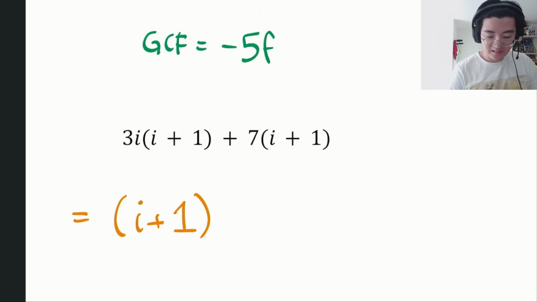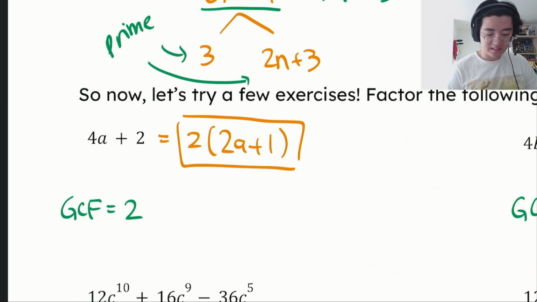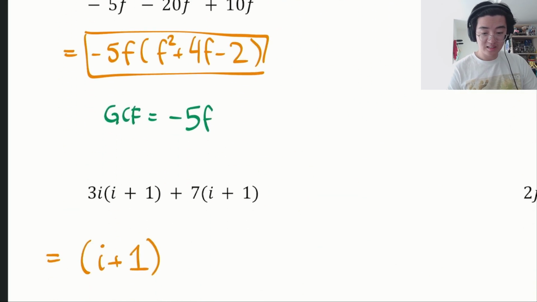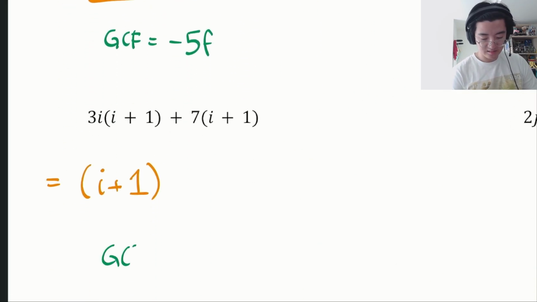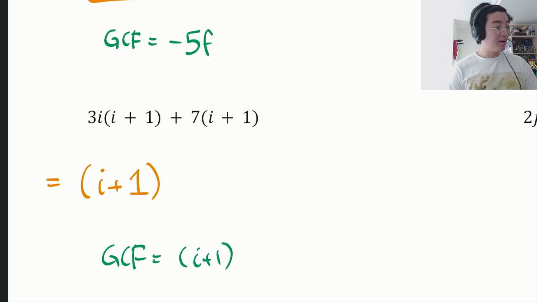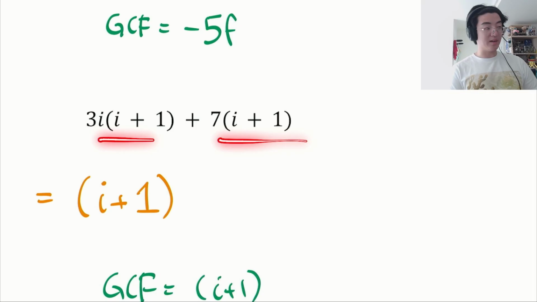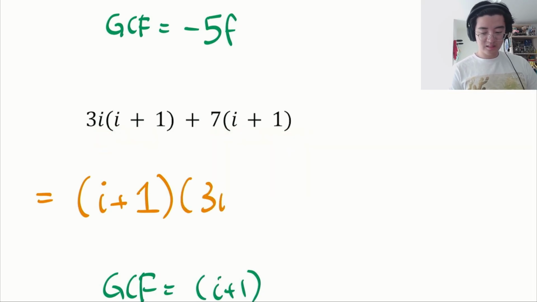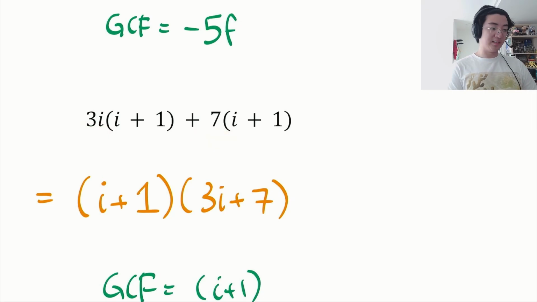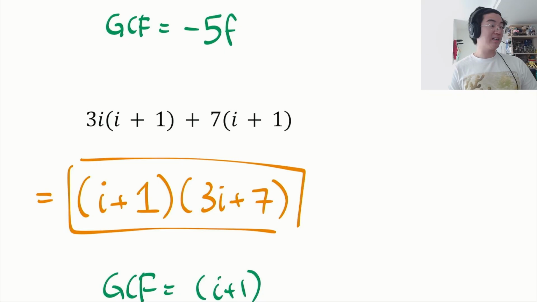Just like how here the greatest common factor is 2, down here the greatest common factor is actually I plus 1. Both of those terms are multiplying by I plus 1. So we can just take that out. And we are left with just the 3i here and then this plus 7 here. So yes, we can take out brackets as well.